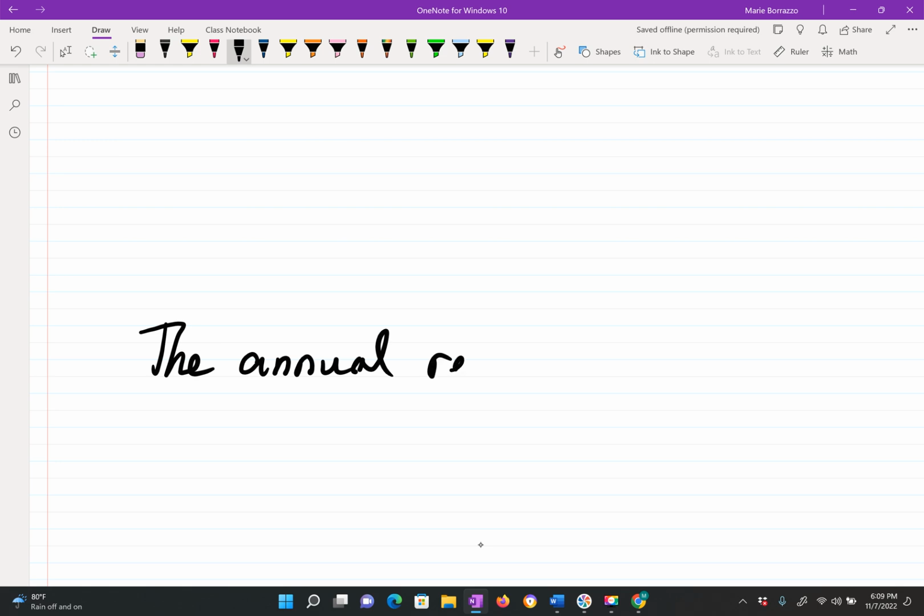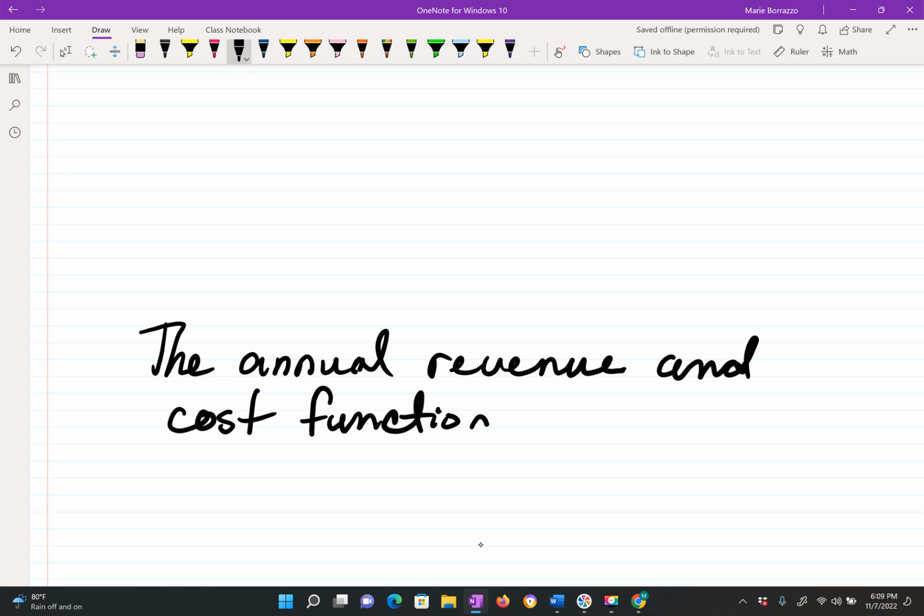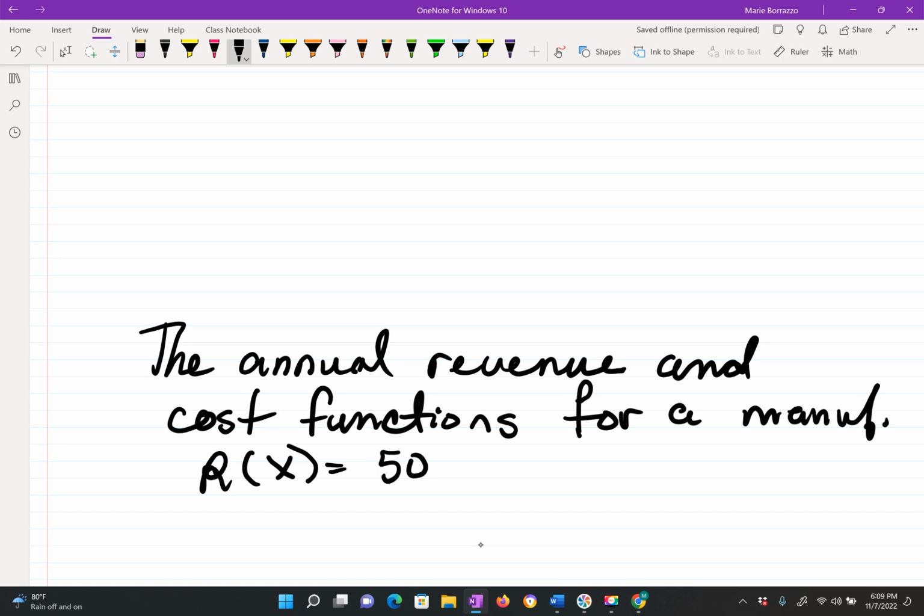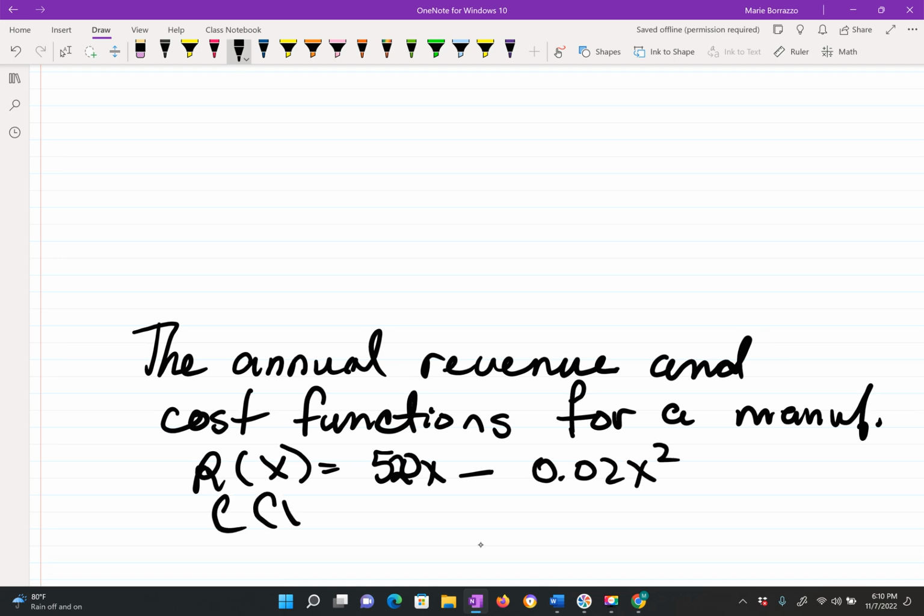The annual revenue and cost functions for a manufacturer are R of x equals 520x minus 0.02x squared, and the cost function, C of x, is equal to 160x plus 100,000.